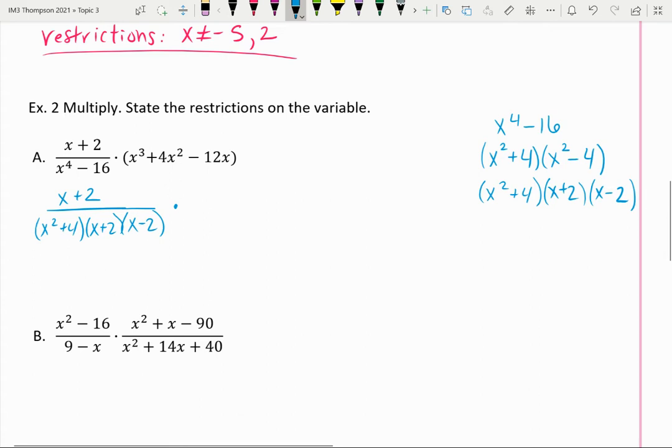When I factor x cubed plus 4x squared minus 12x, I can factor out an x and then factor the rest.